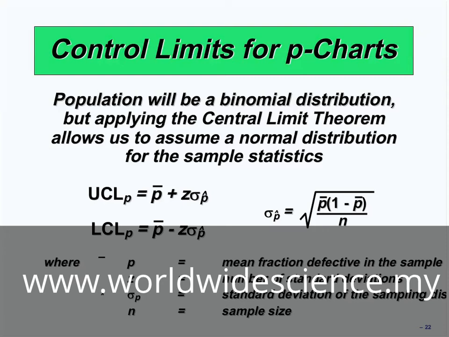In this chart, we can calculate UCL and LCL through this formula. UCL equals P bar plus Z sigma P, and LCL equals P bar minus Z multiplied by sigma P. P bar is equal to the mean fraction defective in the sample.